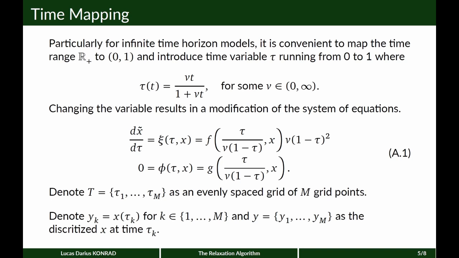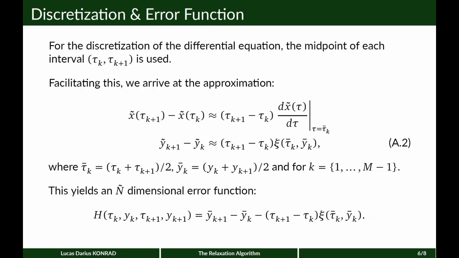Okay. So what we will now do is change the variables from t to tau, which results in a bit of a different system of equations. So now we take the derivative not with respect to t, but with respect to tau.